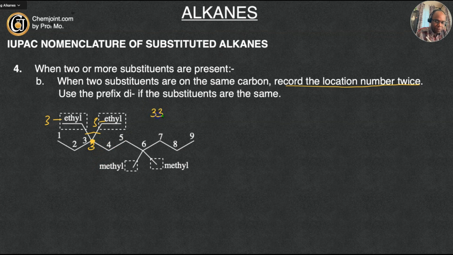They will show up in the final name as 3,3-diethyl. The methyl groups here will show up as 6,6-dimethyl. Di has to be there, but in this case the D will not be considered in the alphabet rule. It's not in parentheses. If it were in parentheses, we would consider it. You'll see it in another example.